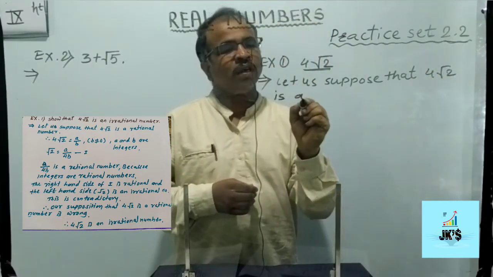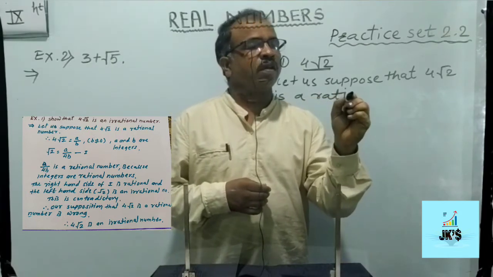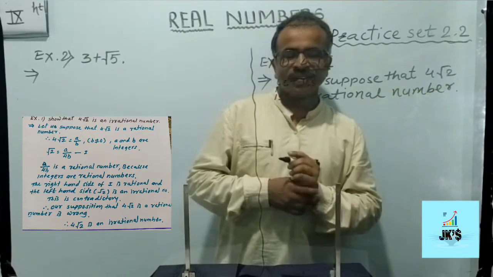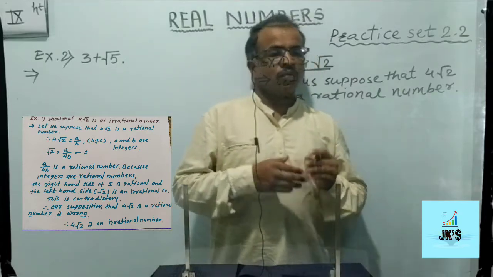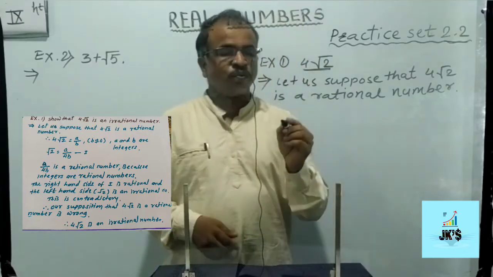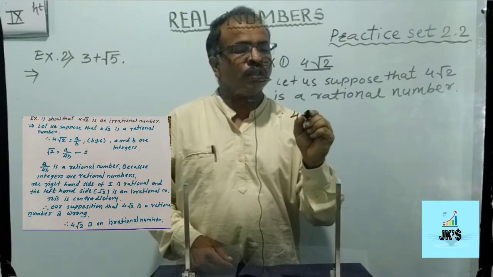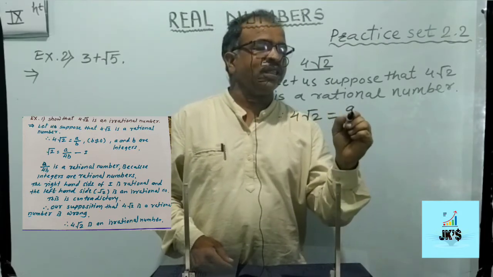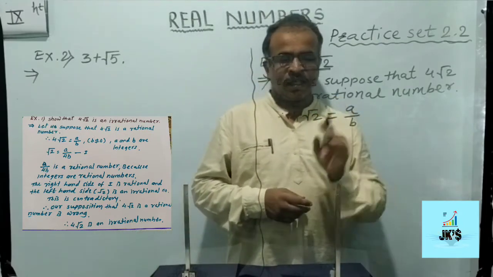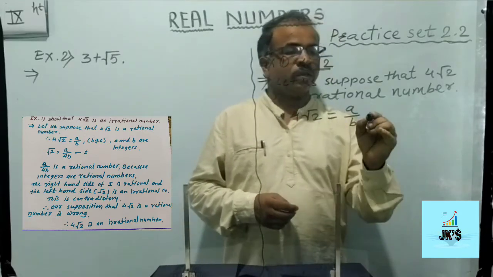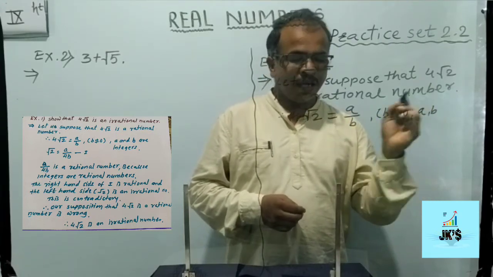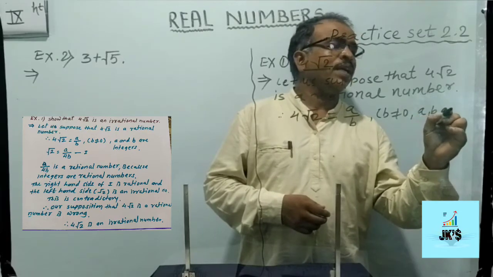If it is rational, then we can write it in the form of P upon Q. Suppose 4 root 2 is a rational number and its value is A upon B, where B is not equal to 0 and A and B are integers.